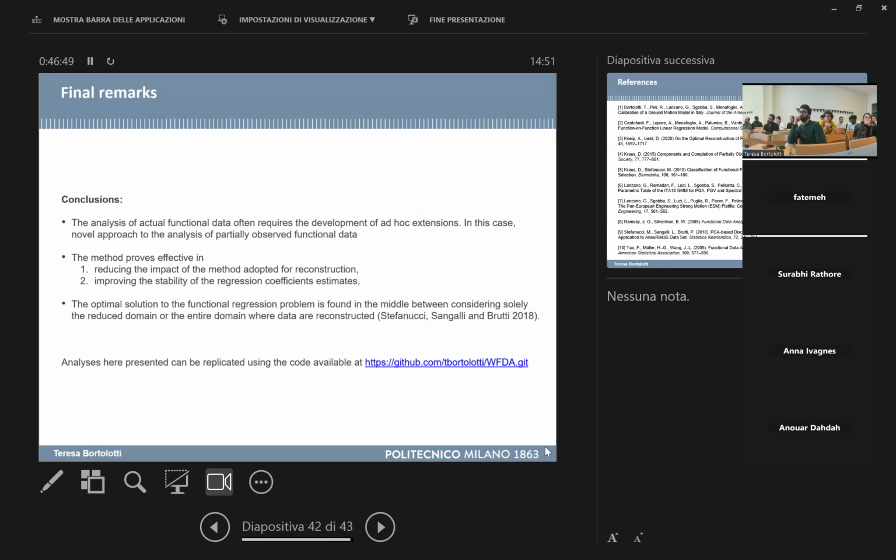And actually, for example, now I am doing another study on partially observed functional data, and in a completely different context, again, finding the solution in the middle between considering and not considering the curve in the missing part is always the best choice. So these are indications that what we are doing does make sense.